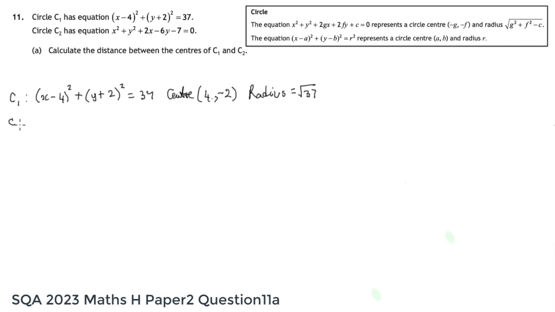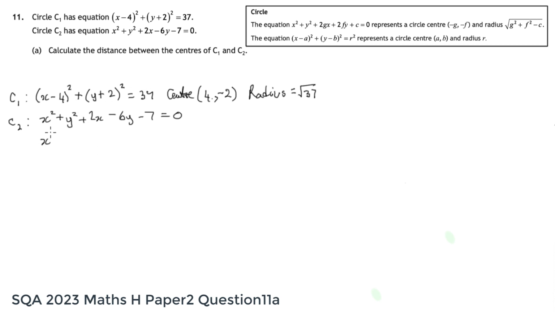Let's have a look at the second equation, the circle C2, and we'll notice that it's in a different form. That's the one that involves all these 2g's and 2f's. Now there's several ways of tackling this, but this form is really this first form with the brackets squared out.